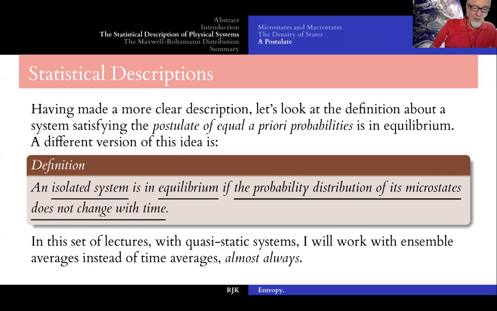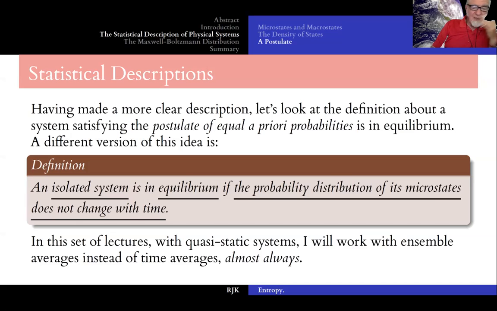An isolated system is in equilibrium if the probability distribution of its microstates does not change with time. So all of our small systems eventually got to the point where they were roughly 50-50. They didn't change, at least not very much, with time.